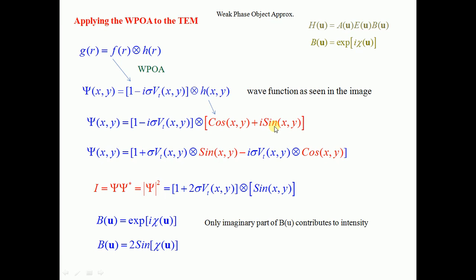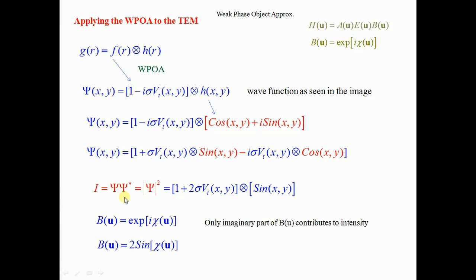It is a simple function, because we know in the Fourier transform any signal can be written as a sum of sines and cosines, and therefore such an exponential function e to the power of minus i something is defined. So cos plus i sine is h, and f is defined as before. If you take this multiplication, you define some function psi, a wave function, as seen in the image.